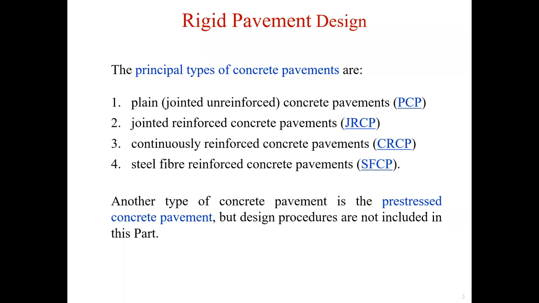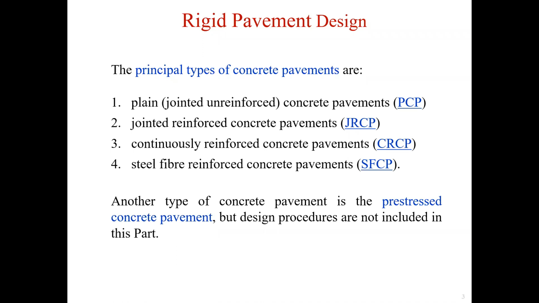Concrete pavements may be used in all urban classes of road pavement and moderate to heavily trafficked rural road pavement. There are mainly four principal types of concrete pavements: plain or jointed and reinforced concrete pavements, PCP; jointed reinforced concrete pavements, JRCP; continuously reinforced concrete pavements, CRCP; and steel fiber reinforced concrete pavements, SFCP.